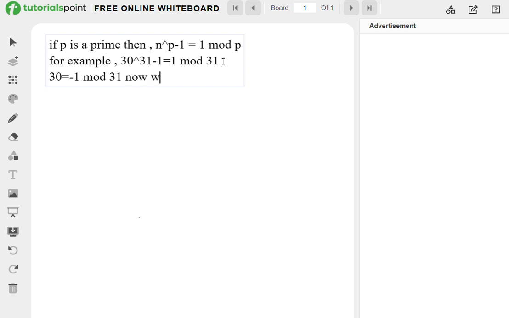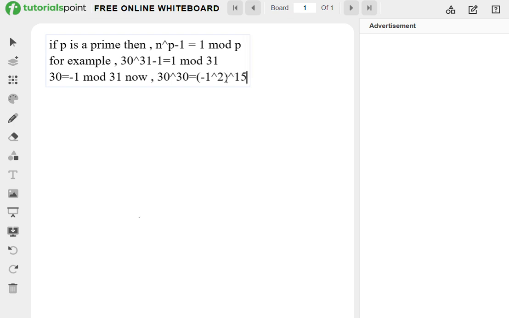Now we can write this as 30 to the power 30 is congruent to minus 1 to the power 30, which is basically minus 1 squared to the power 15.